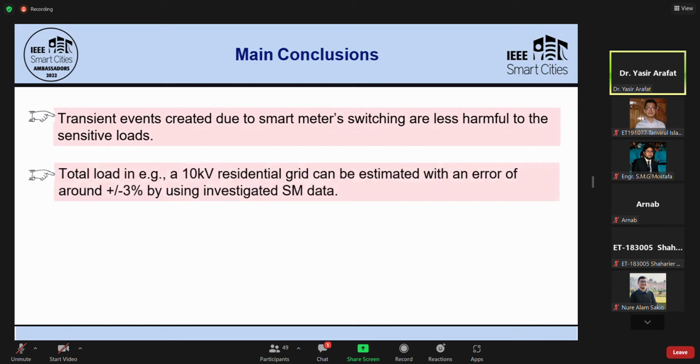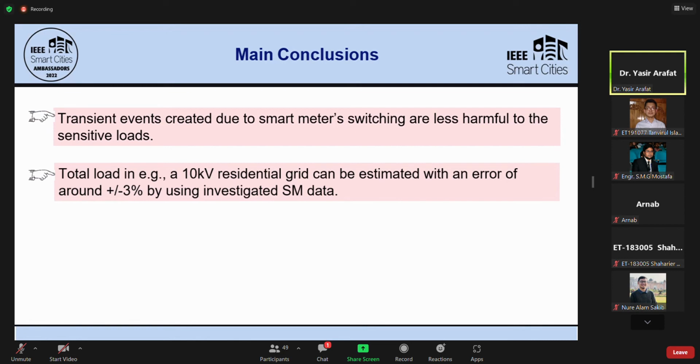The second point that I have mentioned here, I did not mention the findings in this presentation because then the presentation would be very long. But I have mentioned this conclusion point because we have performed some analysis on the load forecasting.